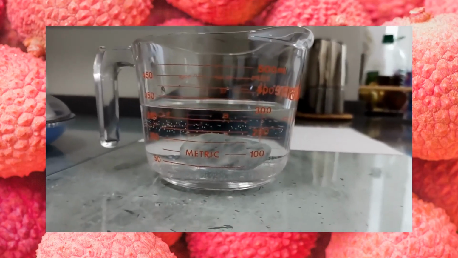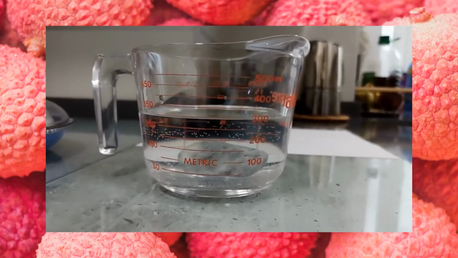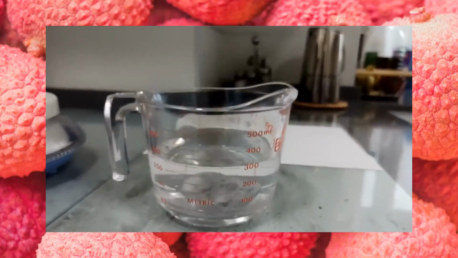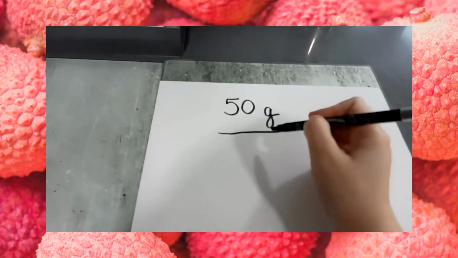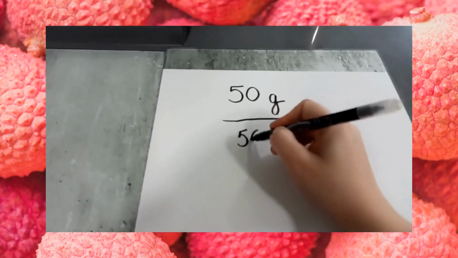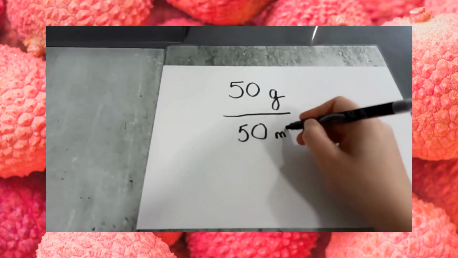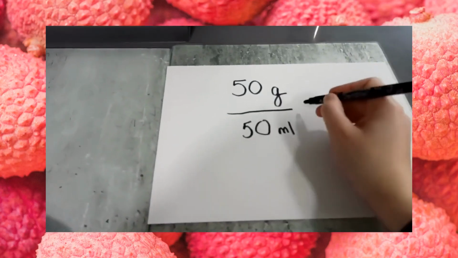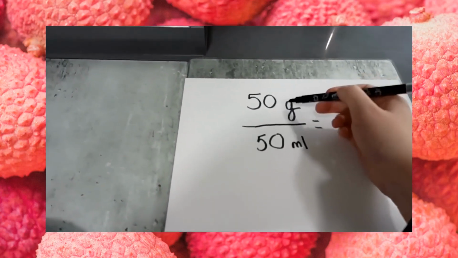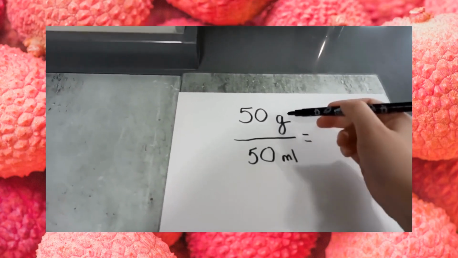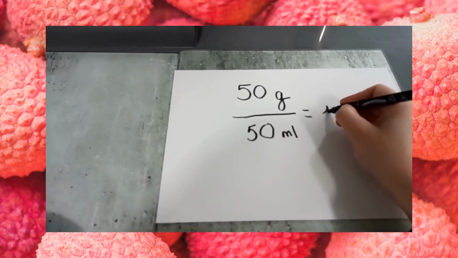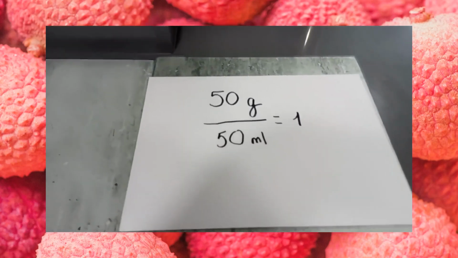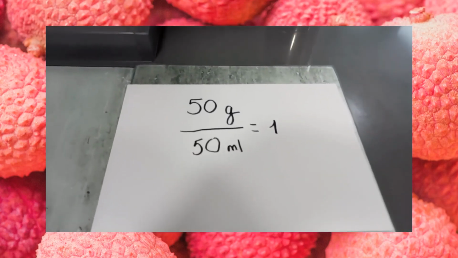So the difference between 250 and 300 is 50. So the volume of the stone is 50 milliliters. And if we divide 50 grams by 50 milliliters, obviously we get 1. That is the density of the stone.